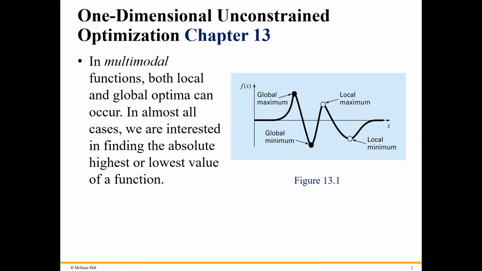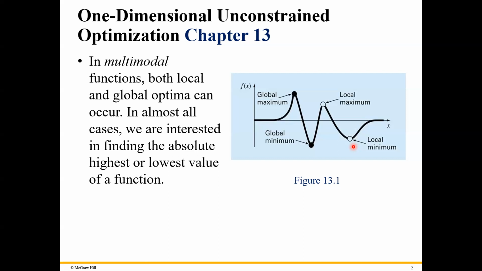There is no other point in this function's domain where the value of the function is lower than this point. But there can also be a local maximum and local minimum. The local maximum and local minimum are within the range of certain points in the domain of the function, where the value is either maximum or minimum. Therefore, when we are talking about the optimization of a function, we should be clear whether we are referring to the global maximum or minimum or the local maximum or minimum.